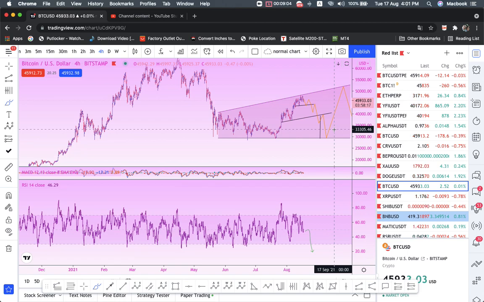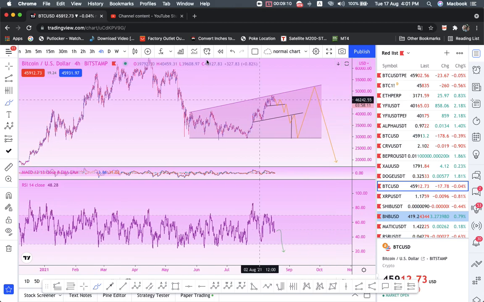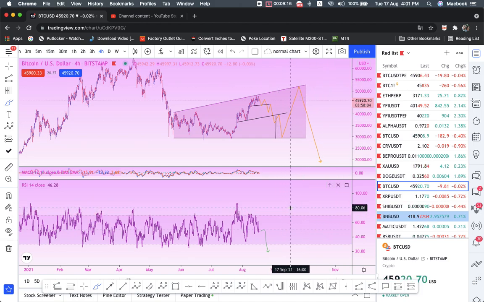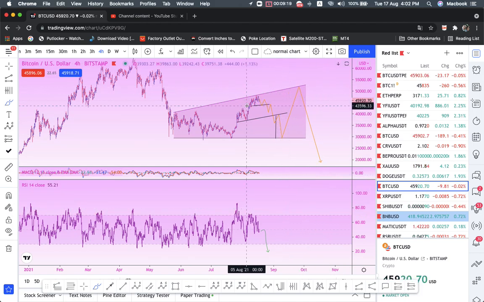So if the market fundamentally is bullish, we are expecting a bullish correction, not this one here. This is just a speculation of downside continuation, but doesn't mean that it might happen. So for now, since the market is bullish, I'm just gonna chart it as a bullish scenario.